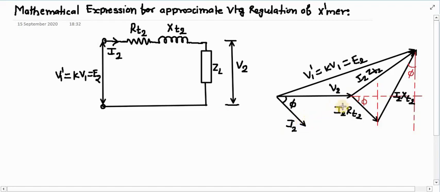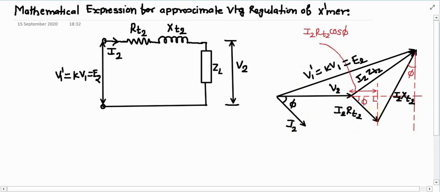What is this? As this is a right angle triangle, this length will be I2 RT2 cos of phi, because this angle is 90 degrees, right?